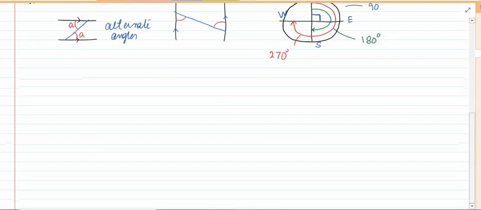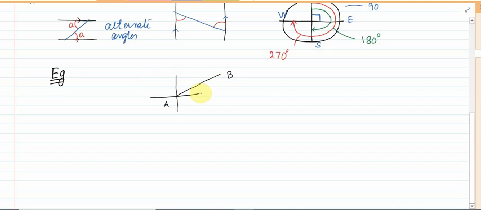So, for example, suppose I have a point A, and there is a point B, and a point C, and we are at north of A. Now let's suppose this angle is 30 degrees and this angle is 50 degrees.